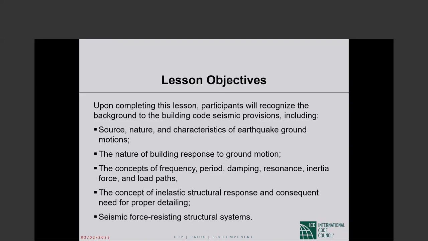Each and every one of them is a very, very important concept. Frequency, period, damping, resonance, inertia force, load path. The concept of inelastic structural response and consequent need for proper detailing. Then seismic force resisting structural systems.